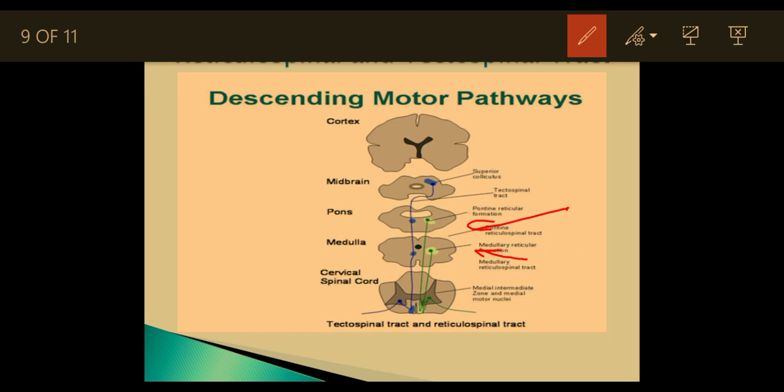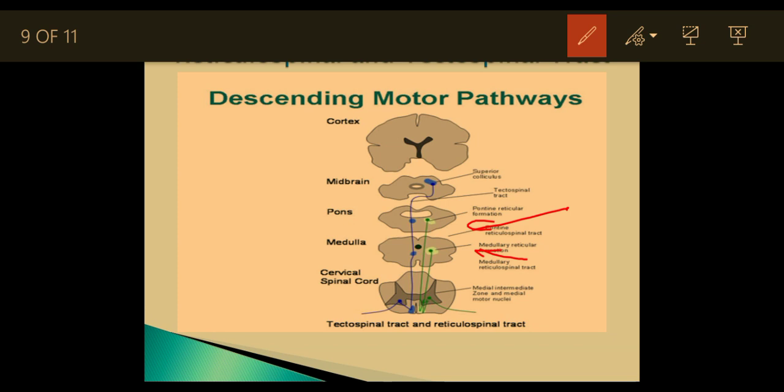At the level of control of muscle tone through the gamma motor neuron, pontine reticular fibers facilitate that function, but medullary reticular fibers inhibit the muscle tone. On respiration, pontine reticular fibers favor expiration, while medullary reticular fibers favor inspiration.